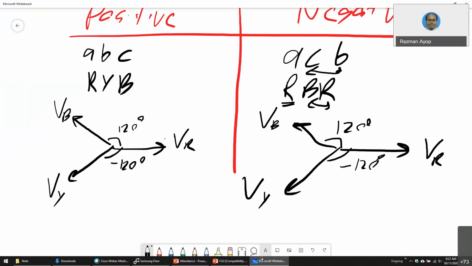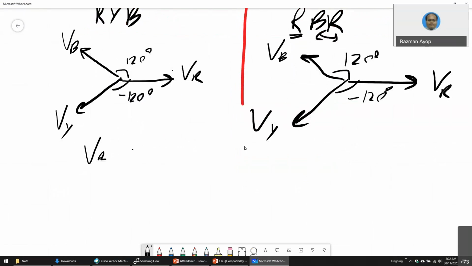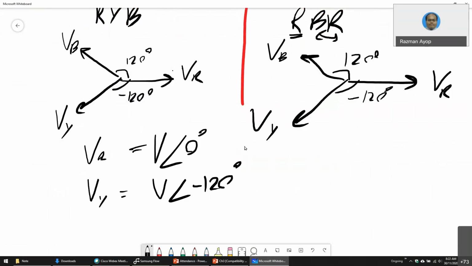So for the angles, VR equals V angle 0 degree, VY is V angle negative 120 degree, and VB is V angle 120 degree.